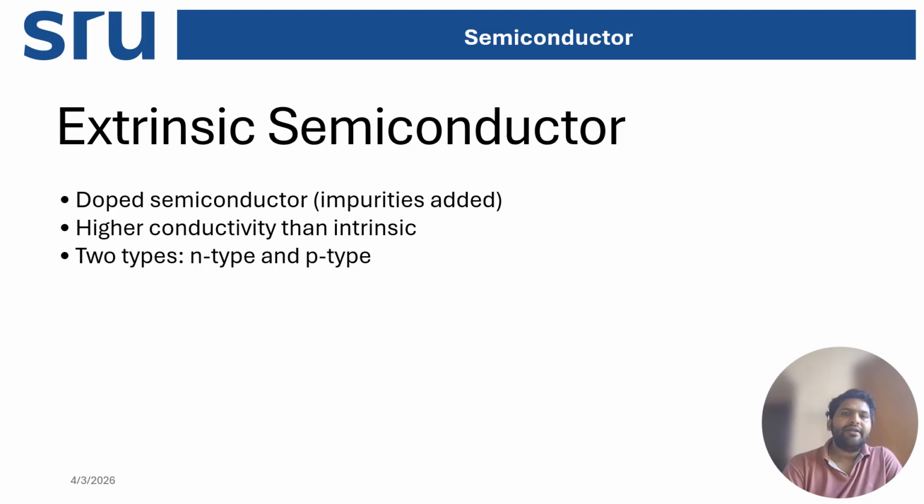When a trivalent atom replaces a silicon atom, it forms 3 covalent bonds but lacks 1 electron to complete the 4th bond.